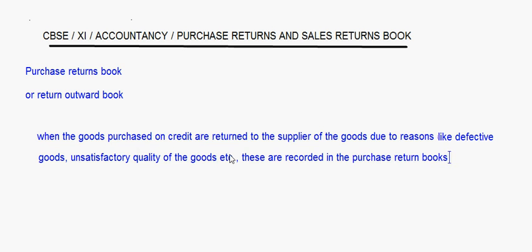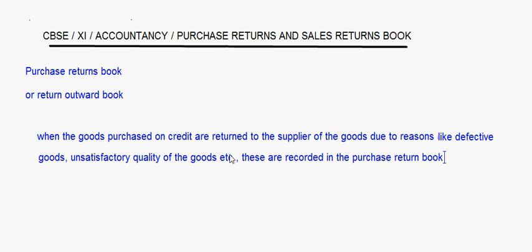These are recorded in the purchase return books, right? There is something called a debit note, which you should know in this, right? Whenever goods are being returned to the supplier, a debit note is prepared, right? And this debit note, along with the goods, is sent to the supplier, right?